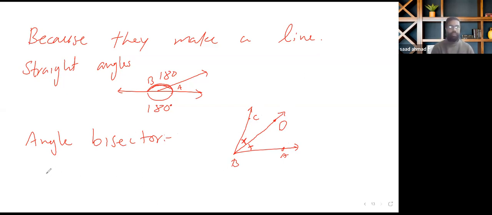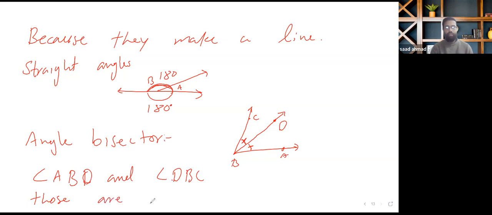So the angle ABD and angle DBC are congruent angles.